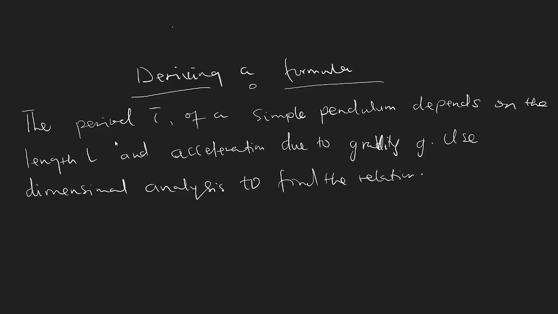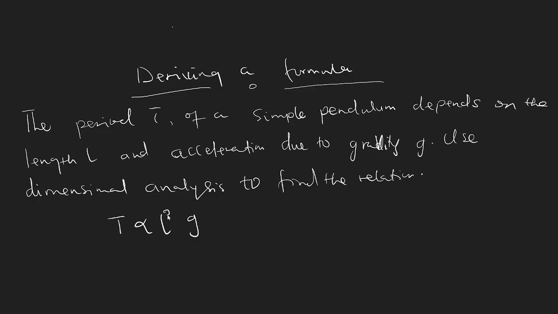So assuming the period T depends on the length L, so it is proportional to length L, and acceleration due to gravity g. Now, to be able to use dimensional analysis, let's say we don't know the powers of this L and g.